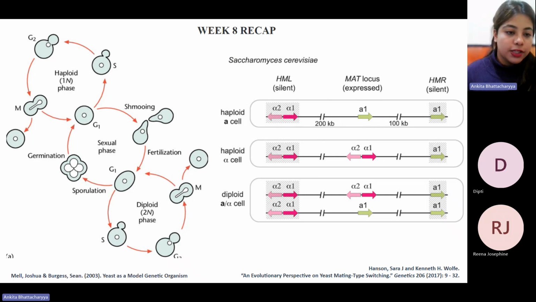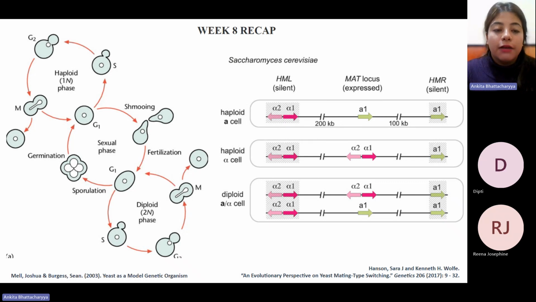In the sexual phase, this G1 arrested cell enters a condition which is called schmooing, where it forms this particular structure, not bud-like, but an elongated, pointy structure that you can see. This structure is necessary in order to allow the exchange of genetic material between these two types of cells, which gives rise to the sexual nature of their reproduction.